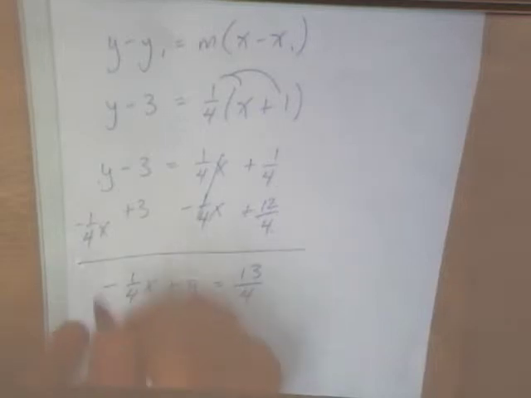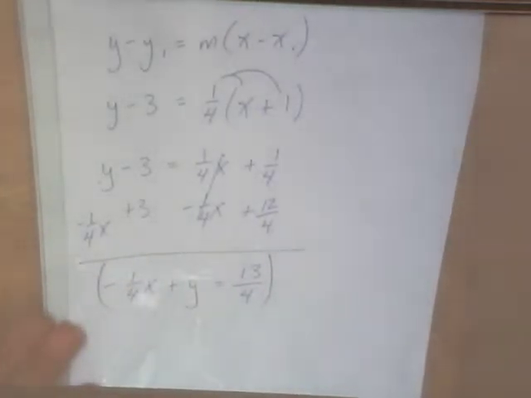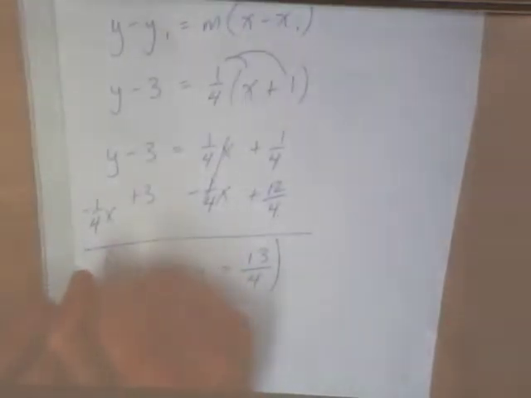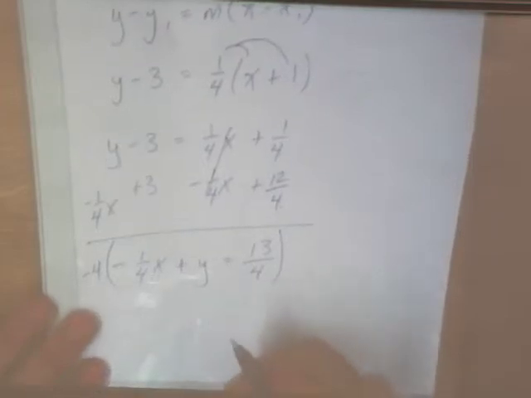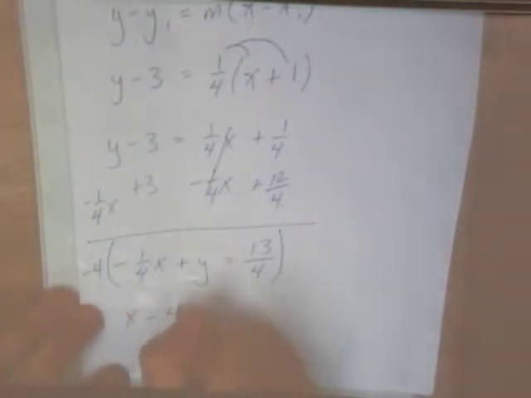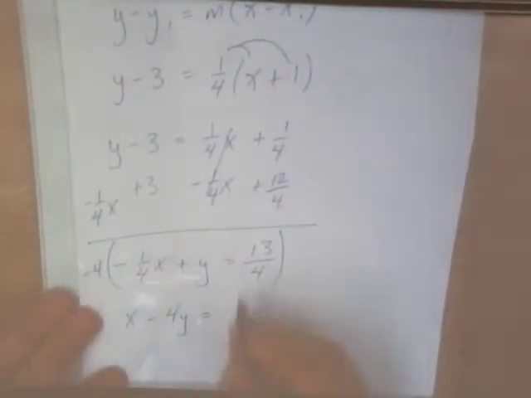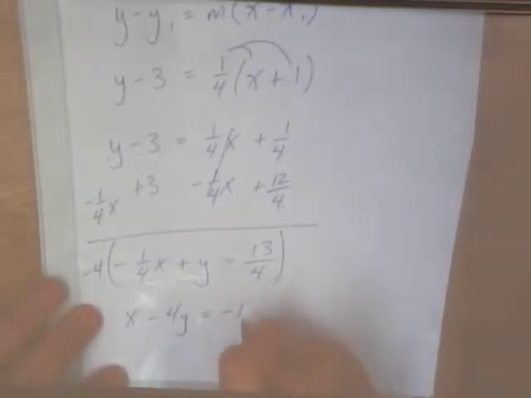Okay, so we have to fix those two problems. If I multiply everything by -4, that'll fix both problems, right? That'll make my a positive, and then I'll get rid of my fractions. So I have a positive x minus 4y is equal to -13.